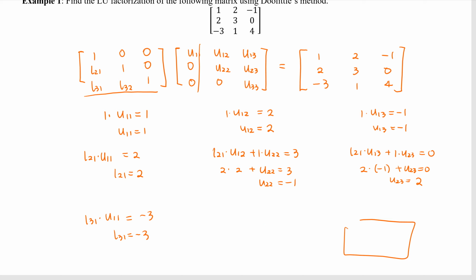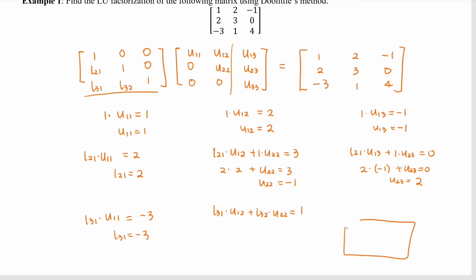Next we have the third row times the second column. So L31 times U12 plus L32 times U22 equals 1.